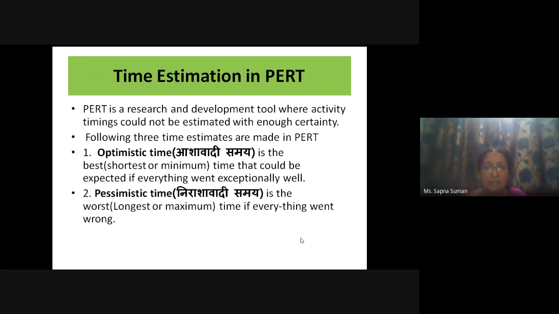So therefore this is known as pessimistic view, keeping in mind the sudden obstacles or the problems that we may face while implementing our project. So this is just opposite to your optimistic time. And this also we have discussed, the longest time.